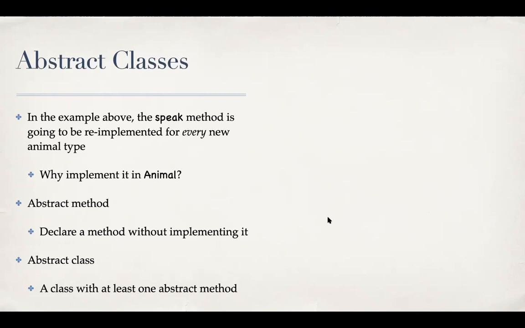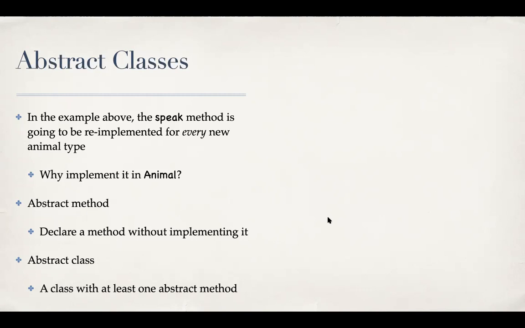So before answering that, let's see what can happen if you remove the speak method from the Animal class. If you do that, then you lose control over calling the speak method on an Animal object. So going back to the example of a1.play on the slide of polymorphism, if the Animal class does not have the speak method, Java cannot check at compile time when you are invoking that method, and you'll get errors.